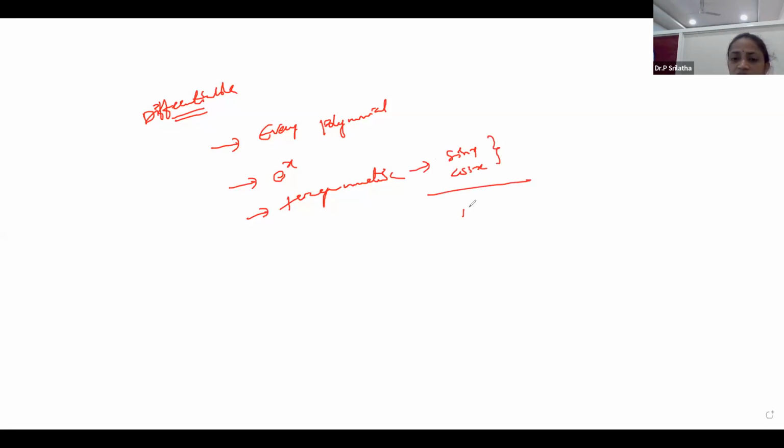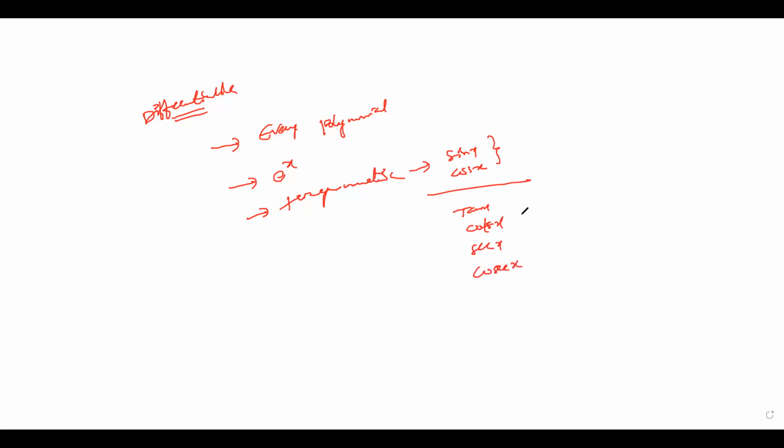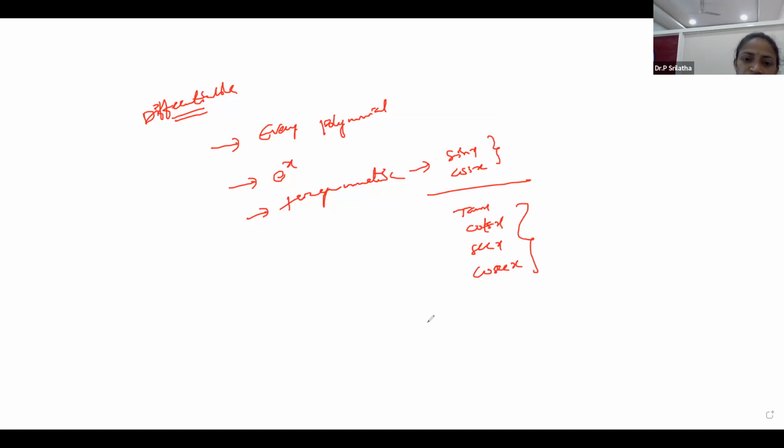So we need to check tan x, cot x, secant x, and cosecant x. Okay, so you need to focus only on trigonometric functions. Those are tan x, cot x, secant x, cosecant x.